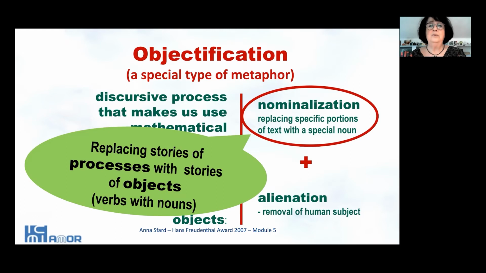Brief utterances with words such as 2 or 5 used as nouns may now replace long statements about human actions, such as, when I count the sides of a polygon, I arrive at the word 5. This move of replacing stories of processes with stories of objects is called reification.